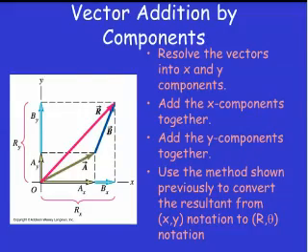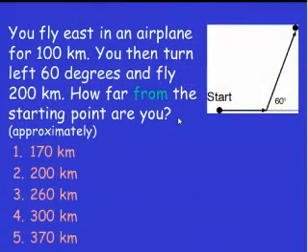I'm going to do an example here. Okay, you fly east in an airplane for 100 kilometers. You then turn left 60 degrees and fly 200 kilometers. How far from the starting point are you? So you may remember we found how far east and we found how far north.